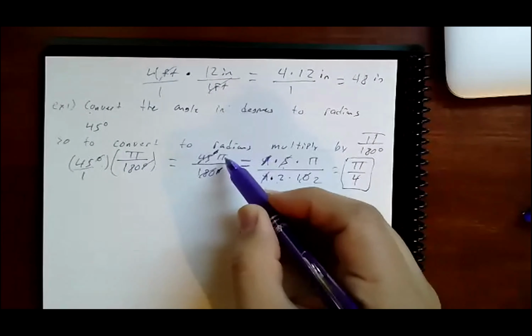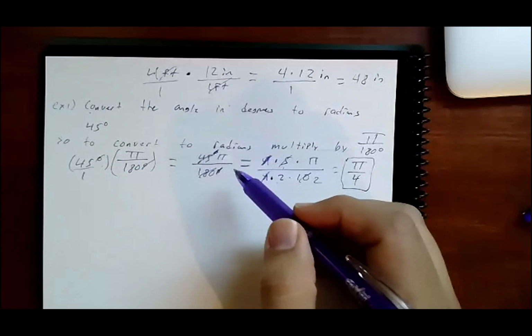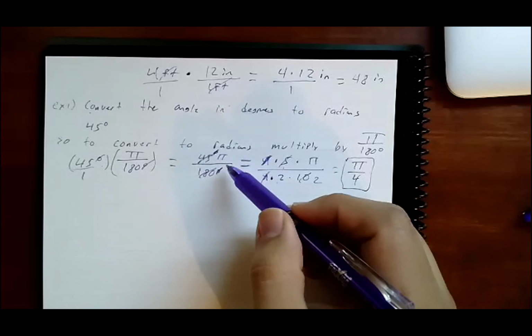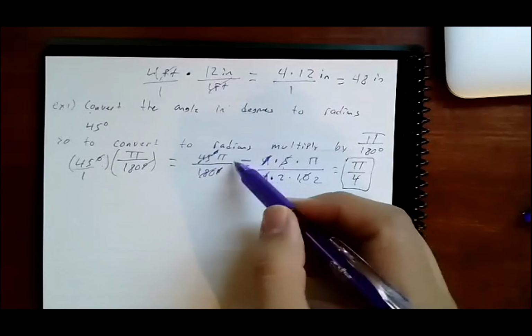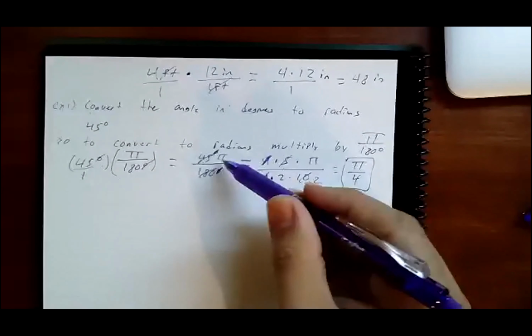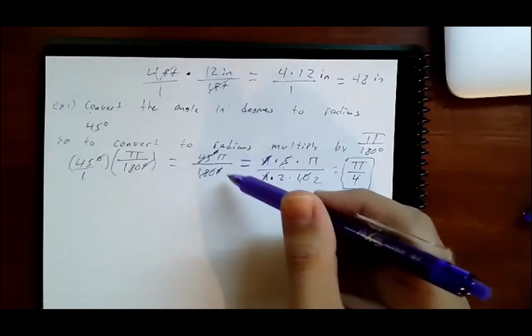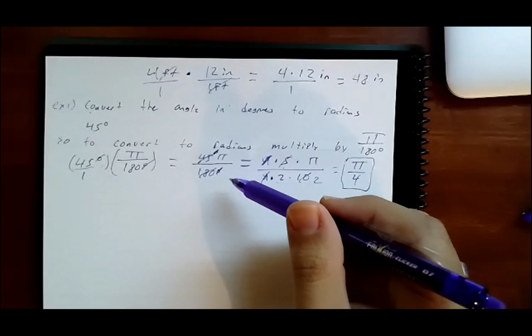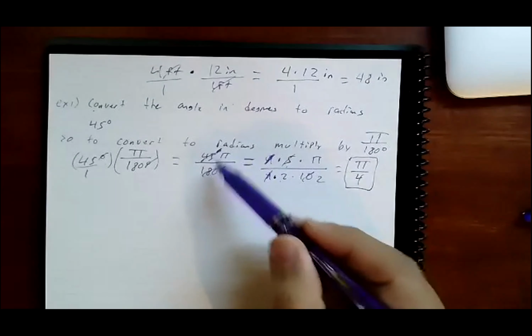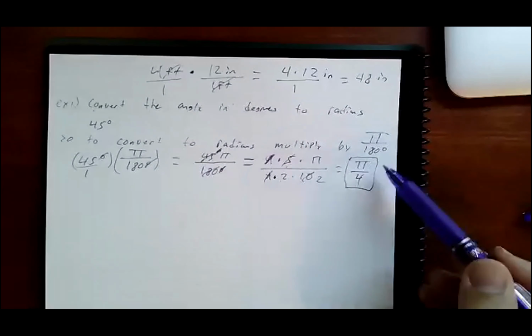Well, if you multiply the pi in, it's no longer exact because pi is an irrational number. It's going to go on forever, right? The 3.14, you're rounding it, so we no longer have an exact answer. We have an estimated answer. So just leave the pi alone and deal with the numbers, and then just tack it on at the end.